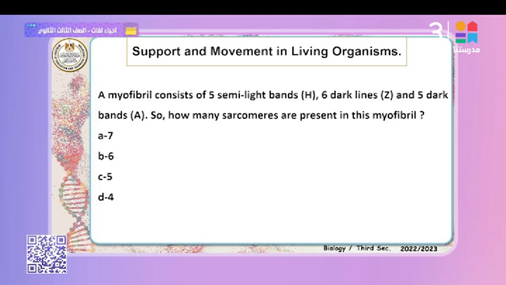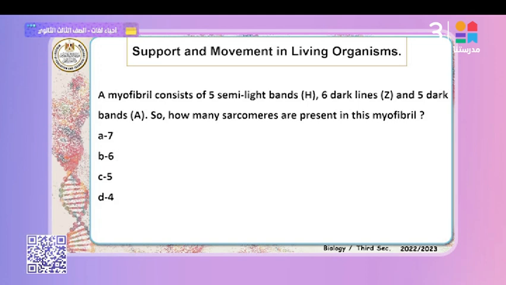So how many sarcomeres are present in this myofibril? As I mentioned a few minutes ago, the sarcomere is the distance between 2 successive Z lines. That means that area is restricted only between 2 successive Z lines. It is symbolized by A, the dark band.